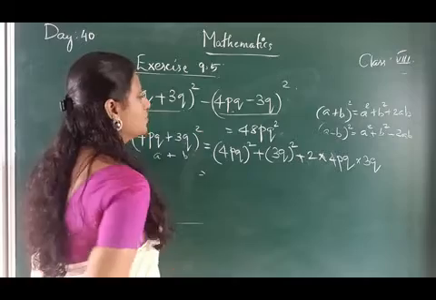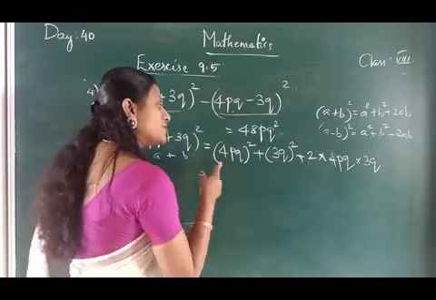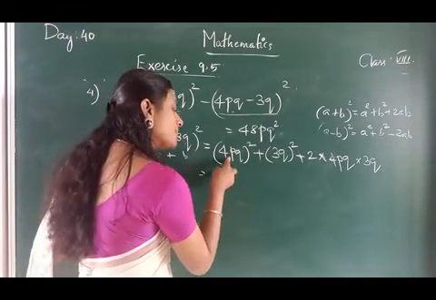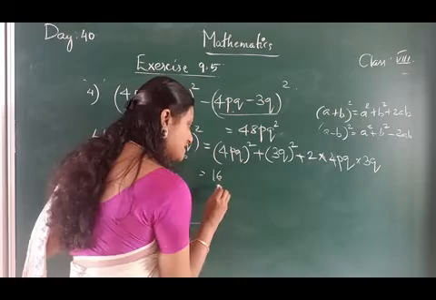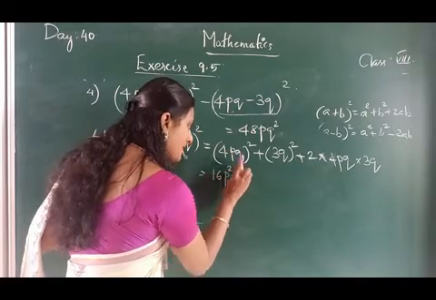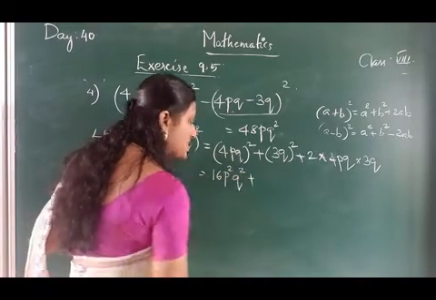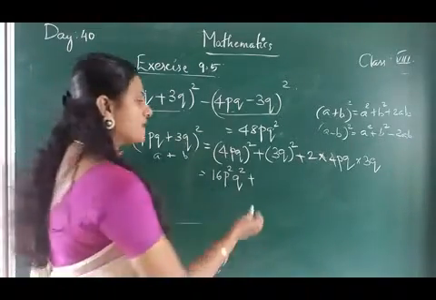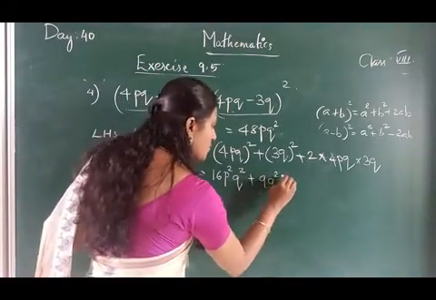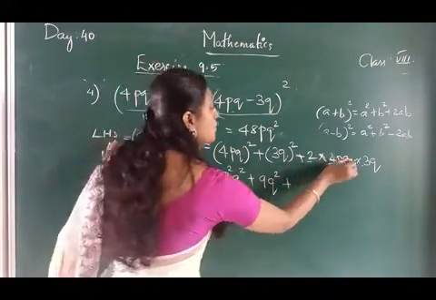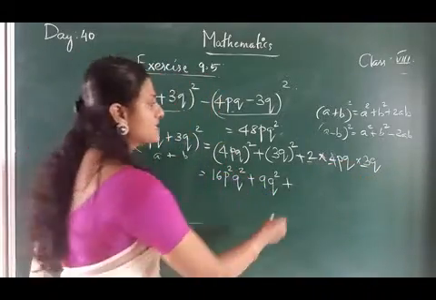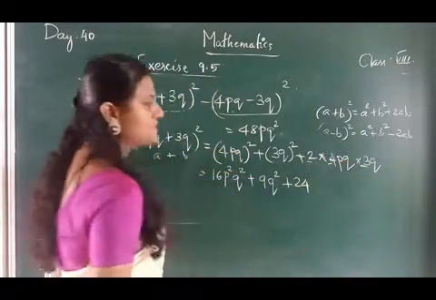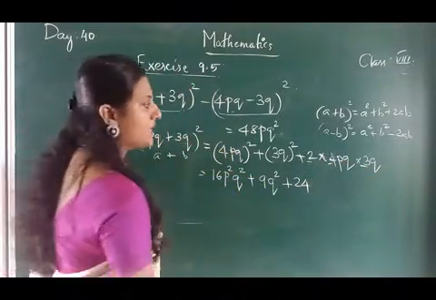This is equal to, getting the square means you have to take the square of each number. That is 4 square means 16, p square, then q square plus 3q square means 3 square, q square, that is 9q square plus 2 into 4 into 3, that is 24. First multiply the numbers, then multiply the variables.